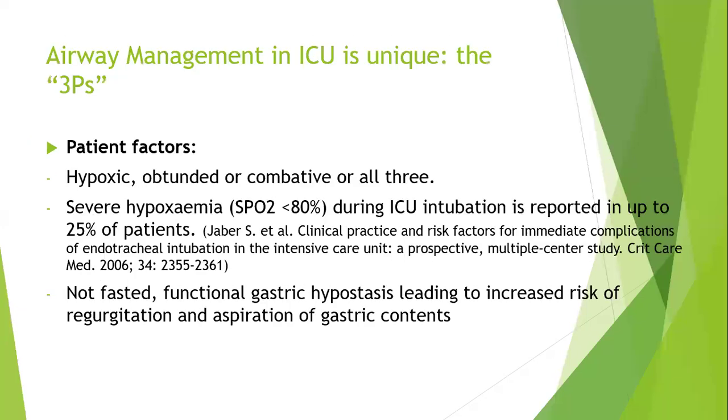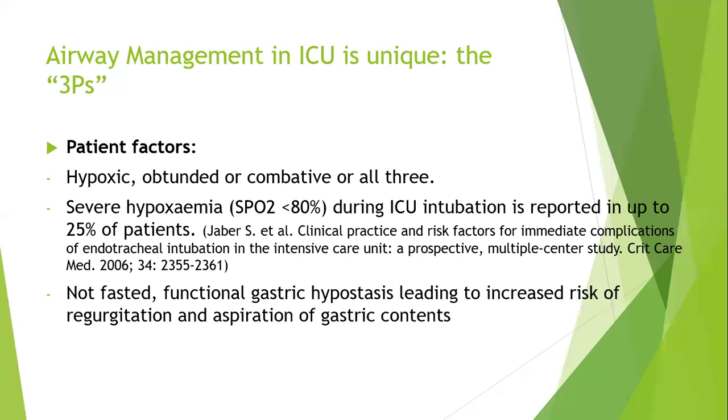The second P, the patient factor itself. Most of the patients are hypoxic, obtunded, or combative, or all three of them may occur in the ICU patient. So they do not give you enough room to deal with hypoxia resulting from your laryngoscopy.